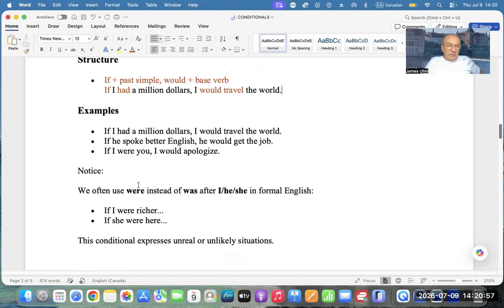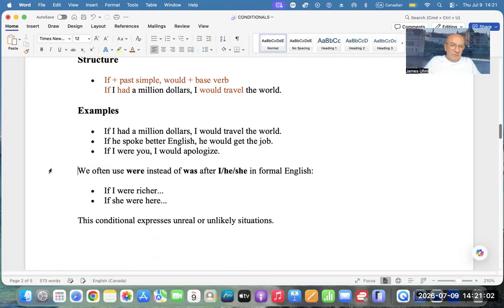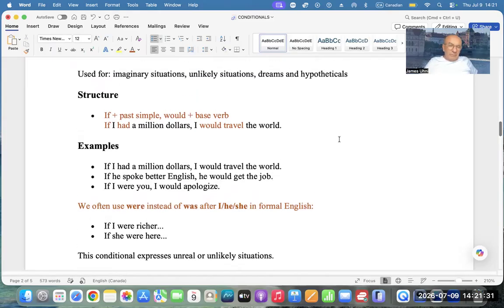So the note is, I will take the note away because that is not important. We often use were instead of was after I, he, she in formal English. That's something completely out of English grammar that you learn about pronouns.